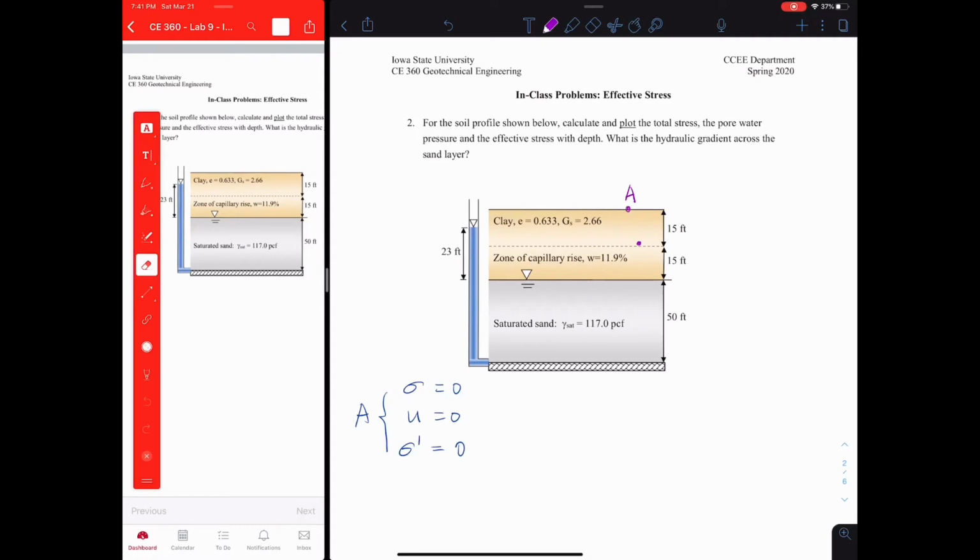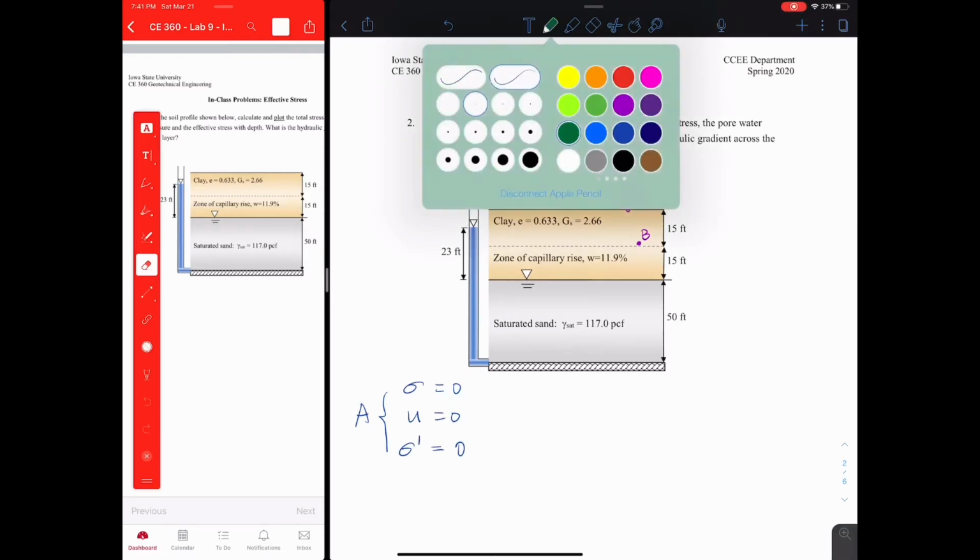Point B is at the bottom of the clay layer and is above the zone of capillary rise. It is not in the zone of capillary rise. So then let's calculate point B.